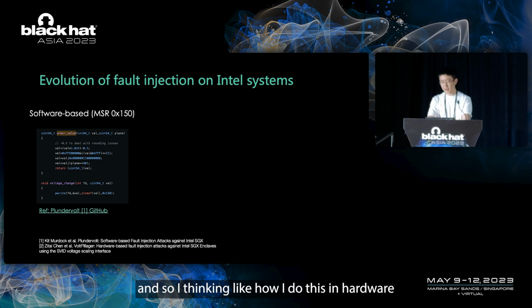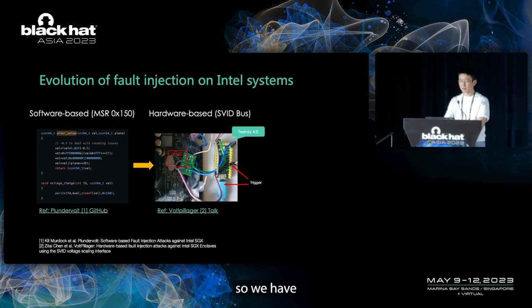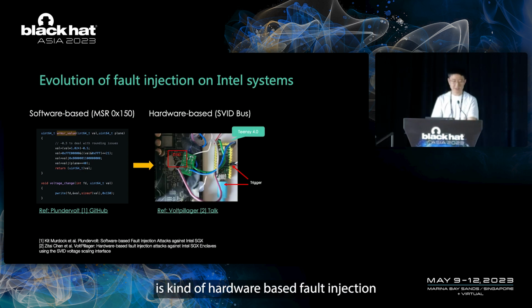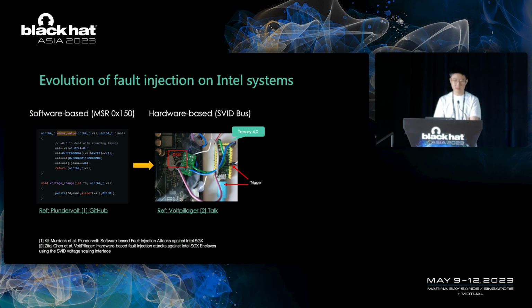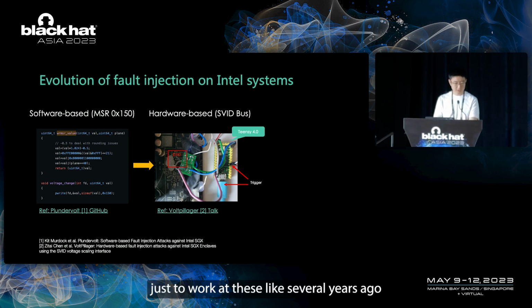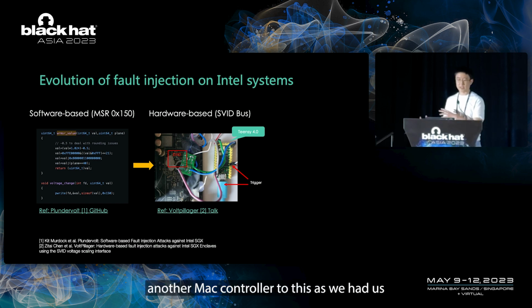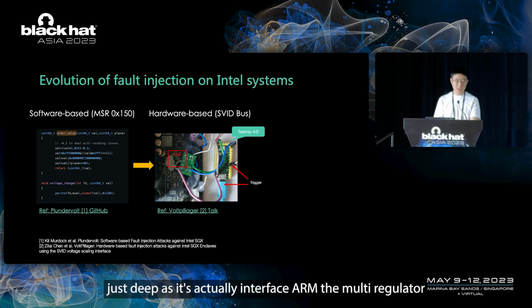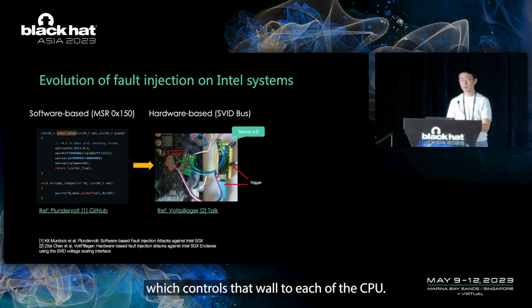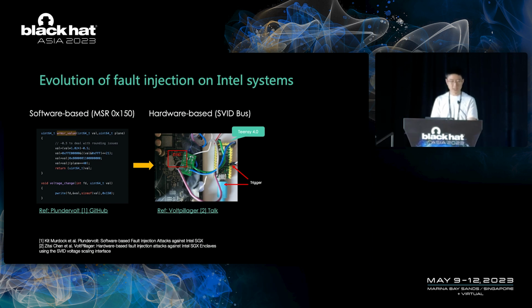And so I was thinking, can we do this in hardware? So we have the second generation, hardware-based fault injection. This is the work I did several years ago. We connected another microcontroller to the SVID bus. This SVID bus is an interface on the voltage regulator, which controls the voltage of the CPU.